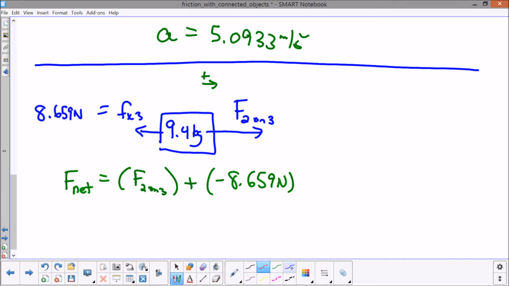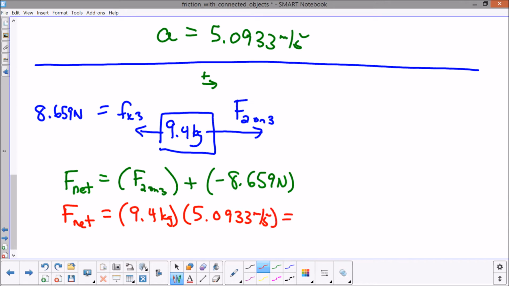We also have that the net force on just this box is the mass of just this box, 9.4 kilograms, times the acceleration of this box, which is 5.0933 meters per second squared, which if you multiply those together, you get 47.877 newtons.